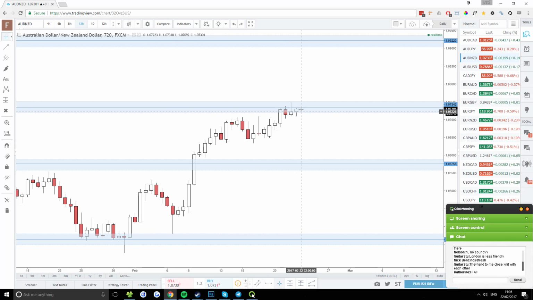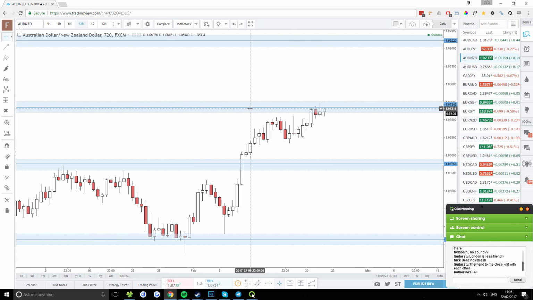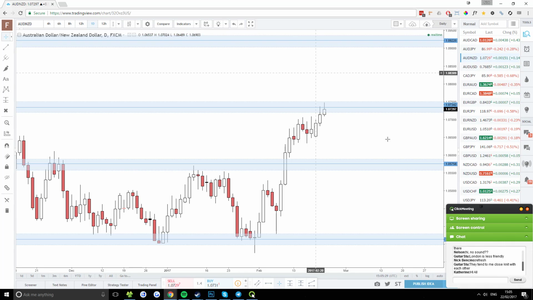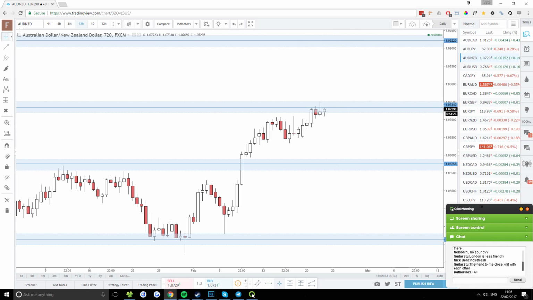What's this gap up? Oh no, sorry, it didn't gap up. Never mind that. I was being stupid for a second. It's pushing up though. So, yeah. All right. This is worth keeping an eye on, but I'm going to keep an eye on it on the daily. I want to see how the daily closes. The 12-hour is just a bit too messy right now.